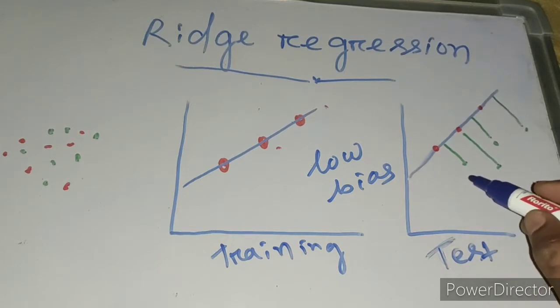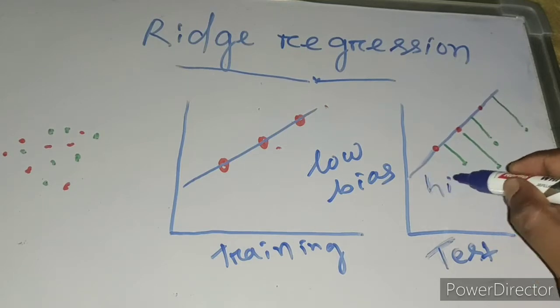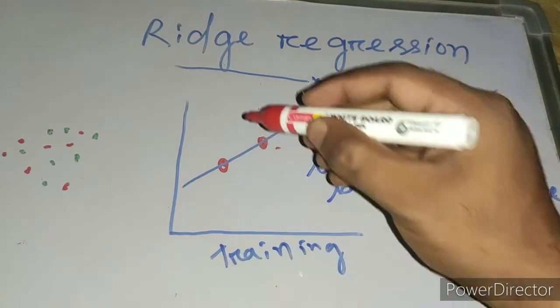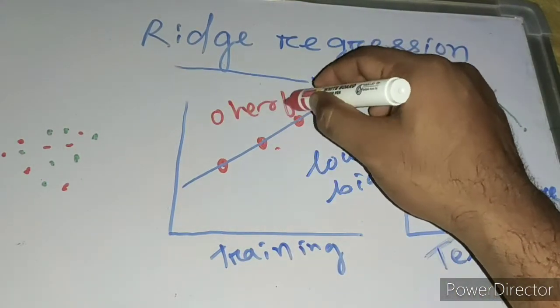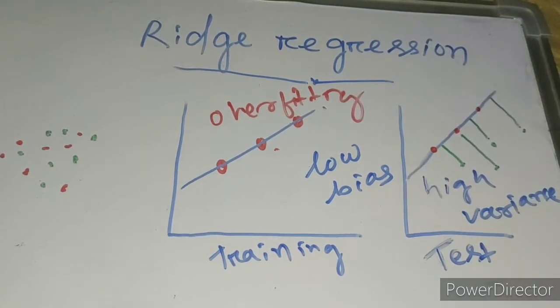So this is a high variance issue. We have low bias and high variance, and this is known as the overfitting issue. When the overfitting issue appears, that is when we need to proceed with ridge regression.